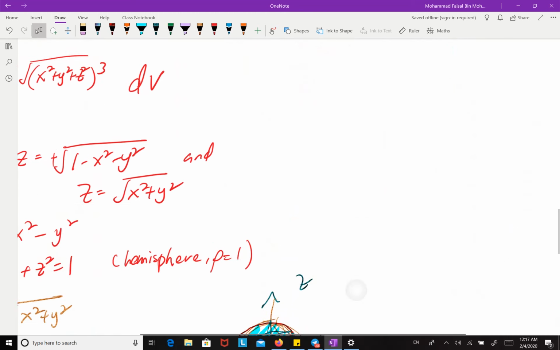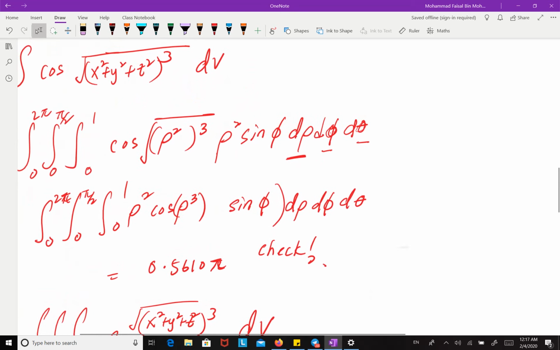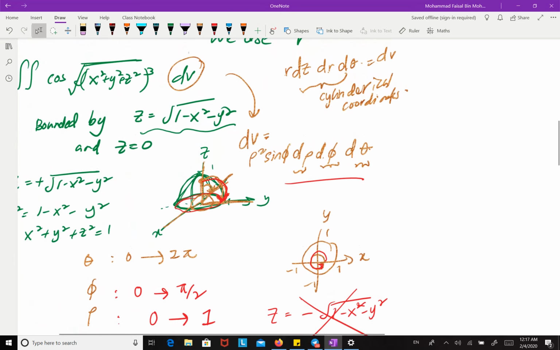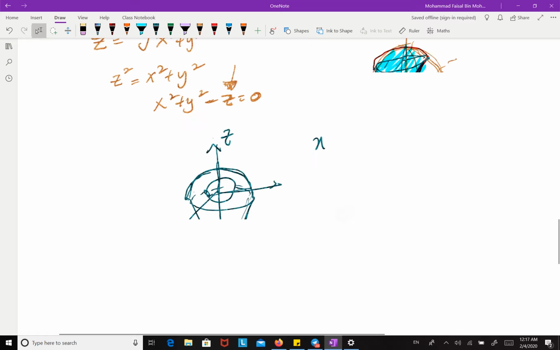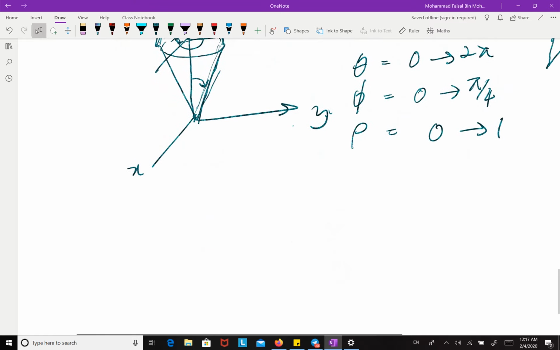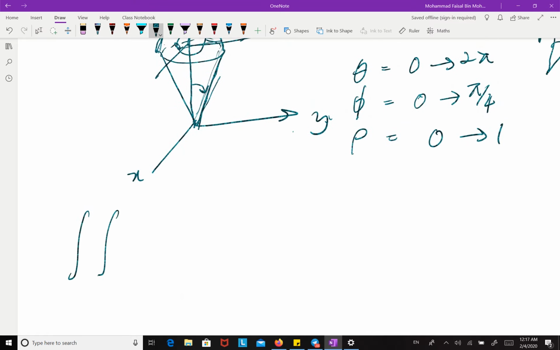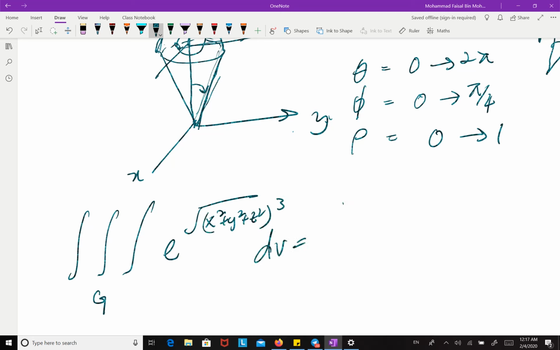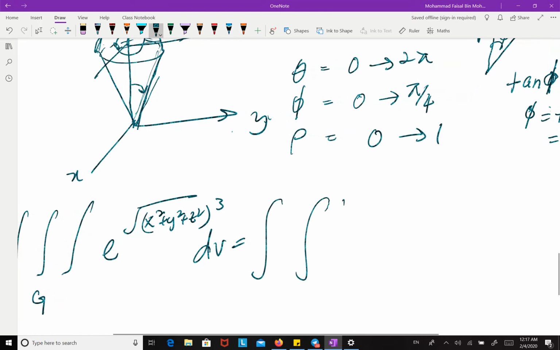Okay, so now you can integrate. You can integrate the triple integral of e to the power of negative (x squared plus y squared plus z squared) to the power of 3 over 2, dV.